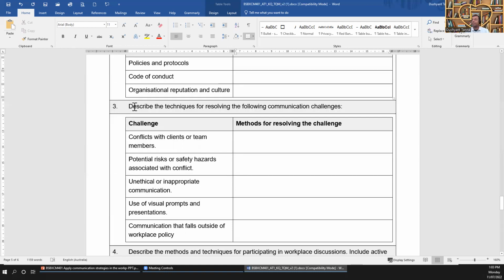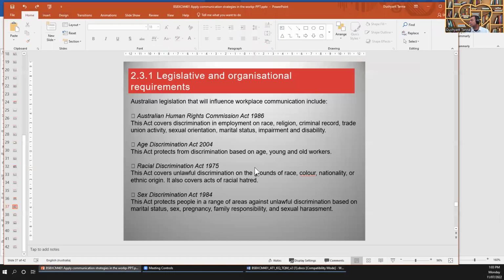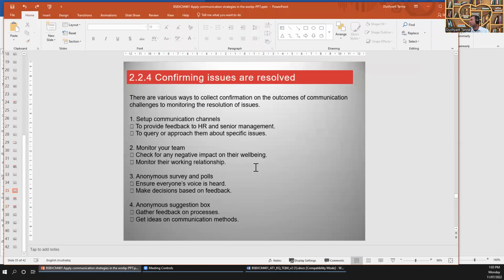Next, describe the techniques for resolving the following communication challenges. Challenge number 1, conflict with clients or team members. How do you resolve conflict with clients or team members? If you go to this slide, I have covered that.